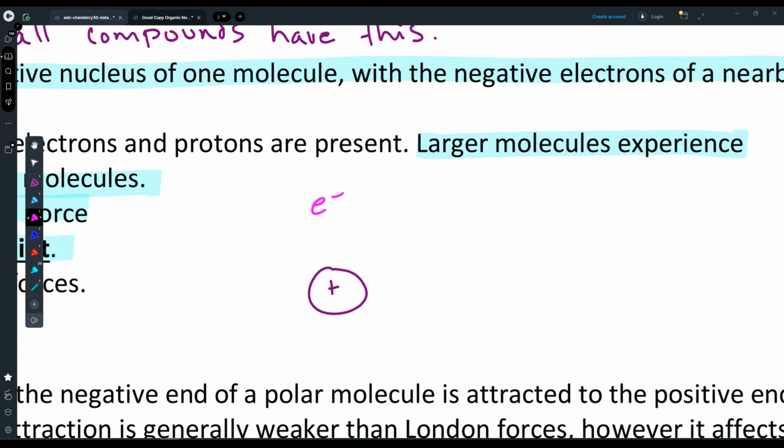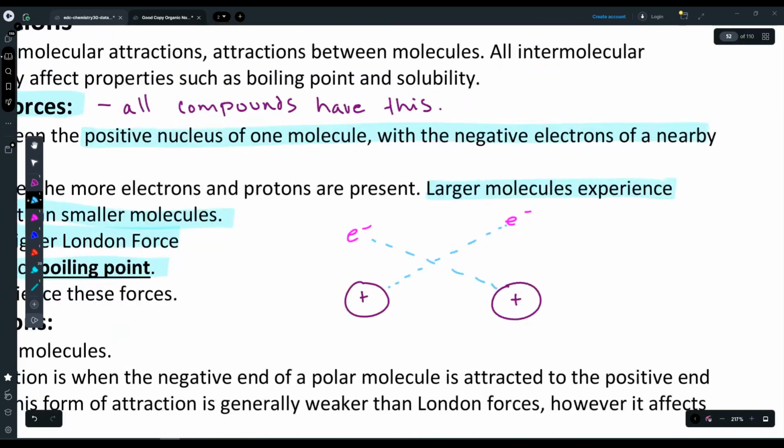For a nearby molecule, let's say of the same substance, we have the same situation happening. So London forces are the attraction between the protons in the nucleus of one molecule and the electrons of a neighboring molecule.